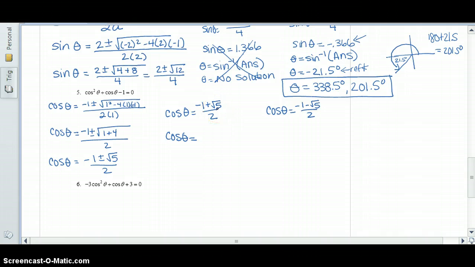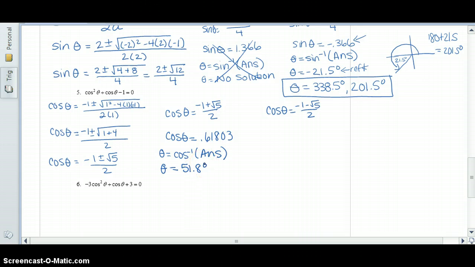And when you do that, you get 0.61803. So then to find out what theta is, you're going to hit second cosine, second answer. And when you do that, you get 51.8 degrees.